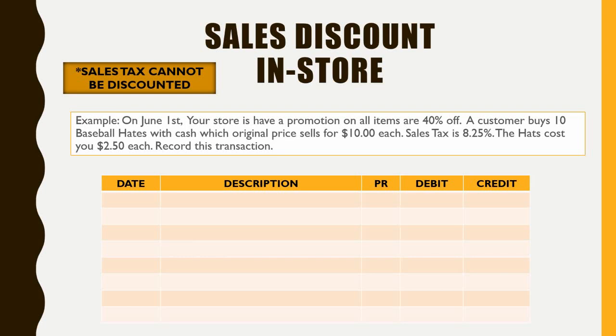A customer buys a total of 10 baseball hats with cash, which originally sell for $10 each, so that's your original selling price. Sales tax is going to be 8.25%, and the hats cost you $2.50 each. Let's go ahead and record this transaction. So let's break this down. First things first is record the sale.